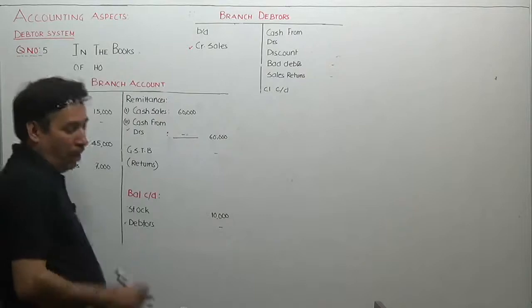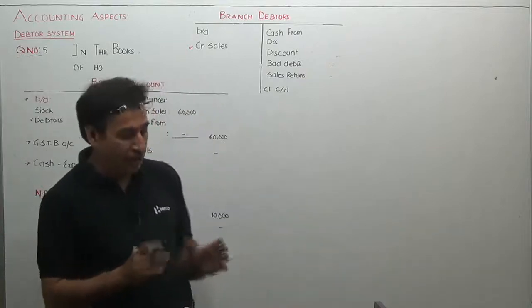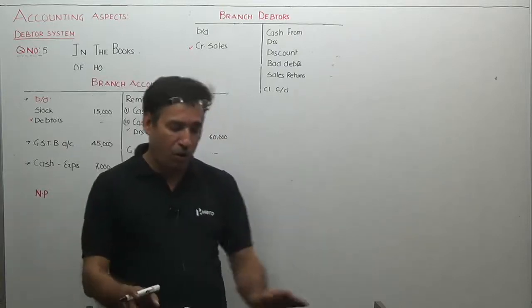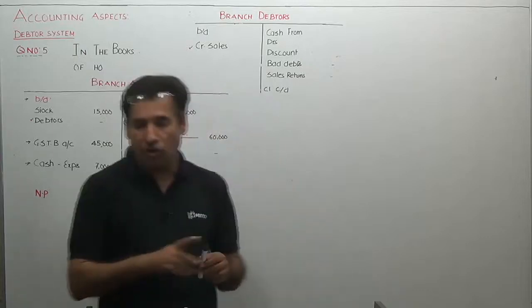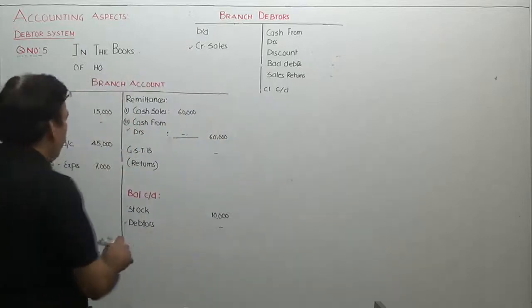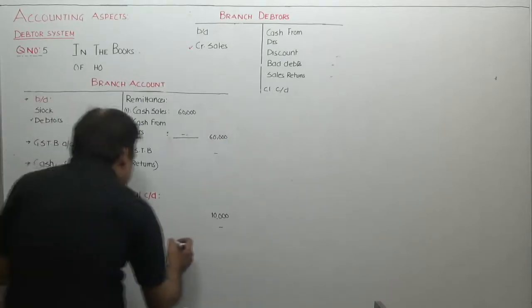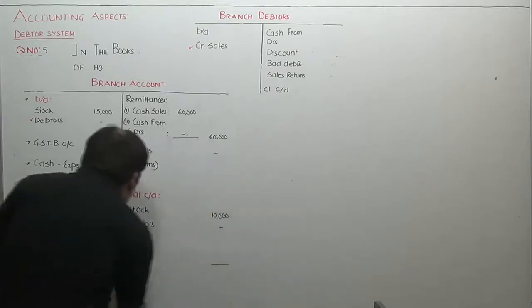Now, because the question later states that the branch manager is entitled to 5% commission on the profit of the branch after charging such commission, first of all I am going to tally this account.